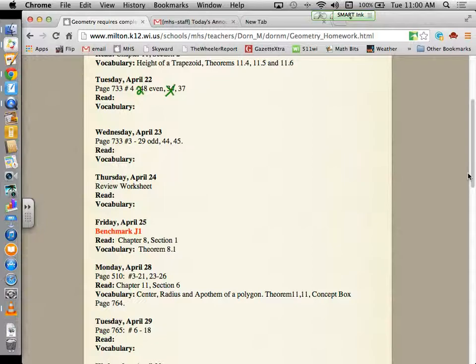Well, that changes it a lot. That's got to be a typo, I'm betting. Let me double check that. It is a typo that could greatly improve your life, since I caught it. Yes, it's 4 through 28 even. There isn't even a problem 48. So 733, 4 through 28 even, 34 and 37.